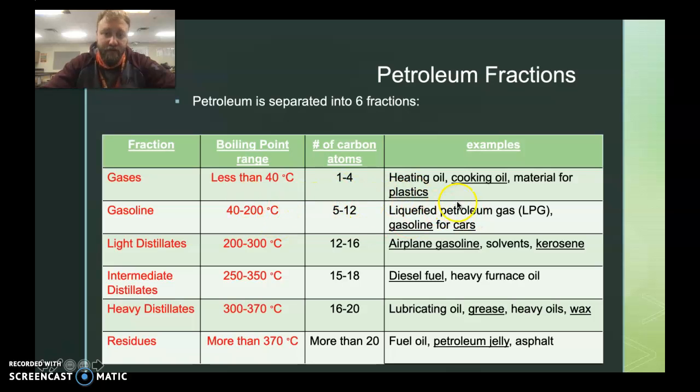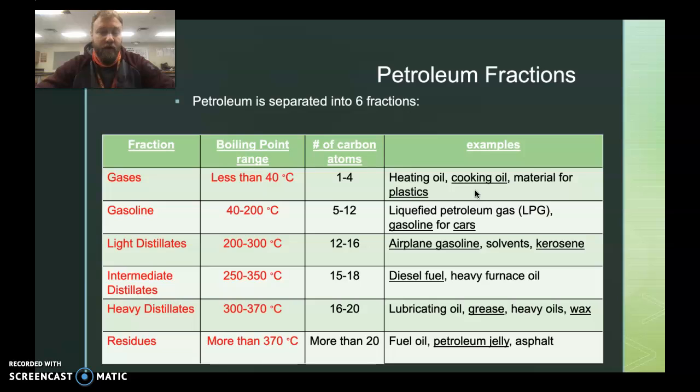So here are some examples. These are the 6 main fractions that you get from petroleum. When you are under 40 degrees Celsius, just to give you an idea, about 22 degrees Celsius is room temperature, 0 degrees is freezing, and 100 degrees Celsius is boiling.